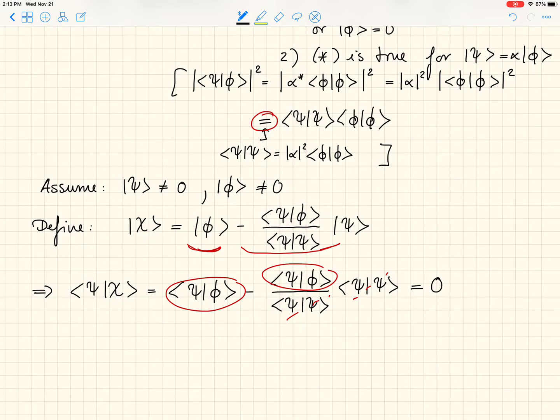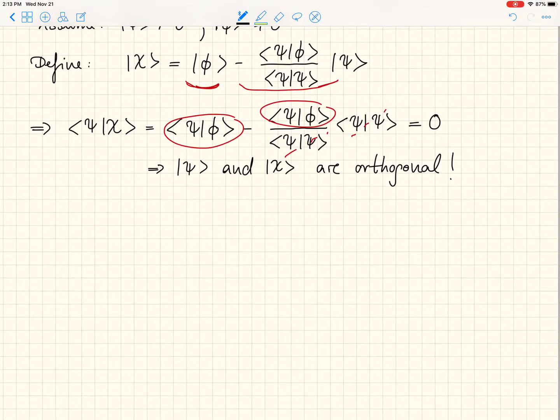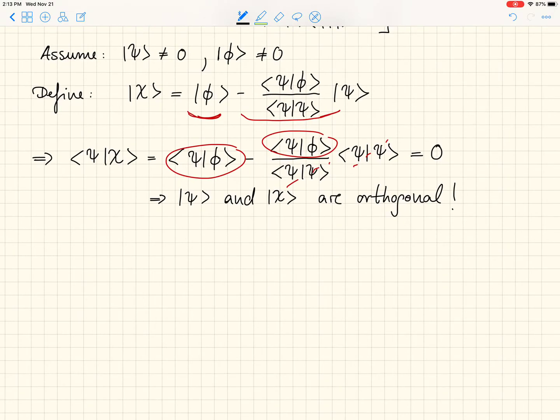So first of all, this means that psi and chi are orthogonal. At the same time, I can take the definition of chi and rewrite it, or I can express phi in terms of chi and psi by just inverting the definition of chi.